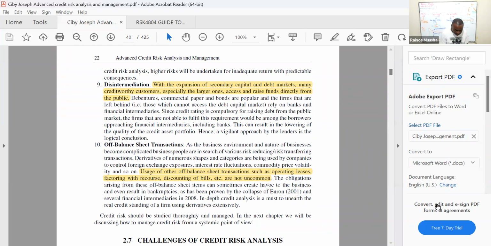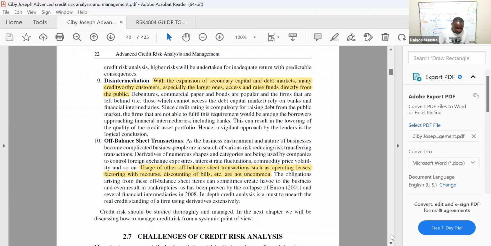The other reason for credit risk analysis is to do with off-balance sheet transactions. I'll read from the beginning of the paragraph there. They say, as the business environment and nature of businesses become complicated, business people are in search of various risk-reducing, risk-transferring transactions.